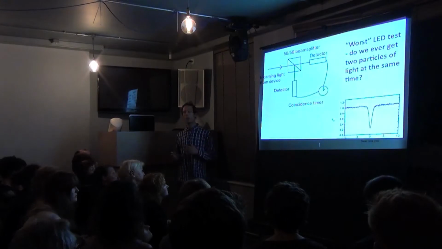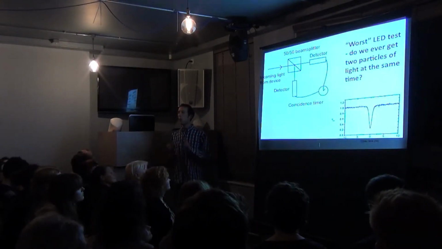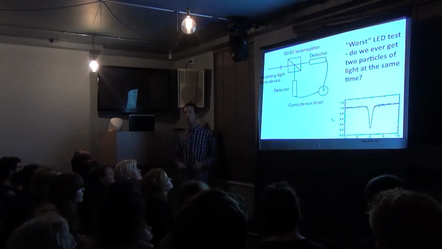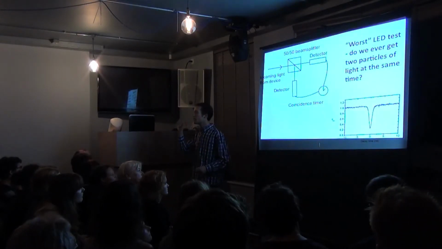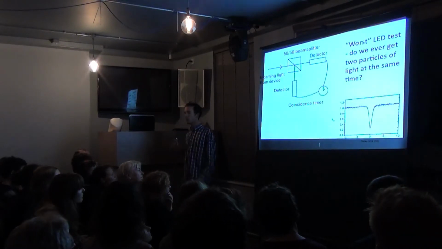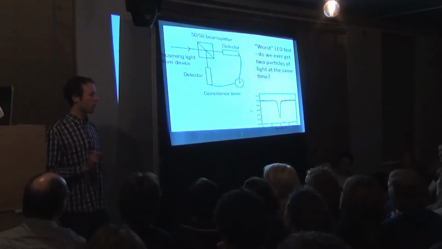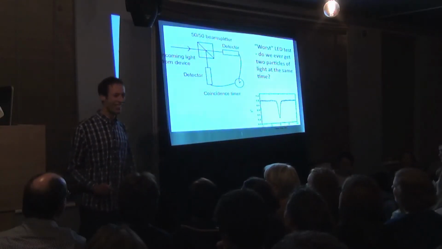And what experiments do I do? There are two key experiments. This one is the worst LED test. This is to make sure that we're only ever getting one of these tiny particles of light out at any one time. And the way we do this is we ask, can we count two particles at the same time? No. Probably got one then.